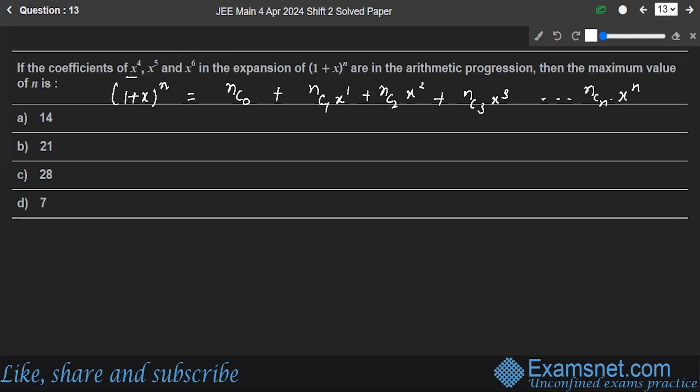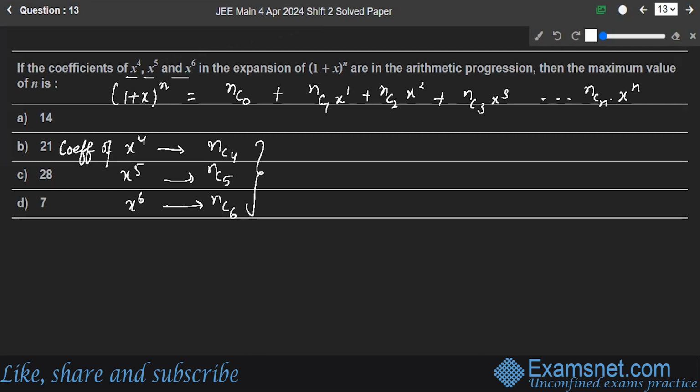Now you're given that the coefficients of these three terms are in AP. So what is the coefficient of x raised to power 4? Coefficient of x raised to power 4 is nc4, x raised to power 5 is nc5, and this is nc6.